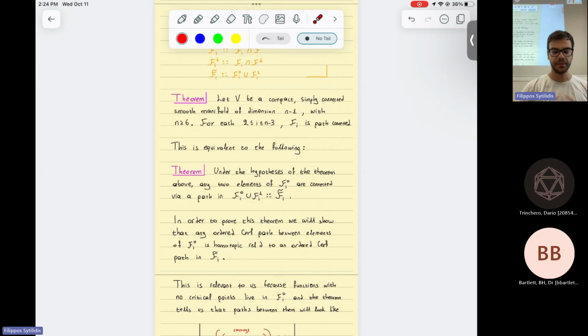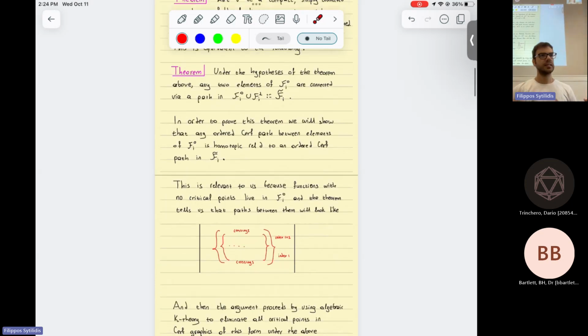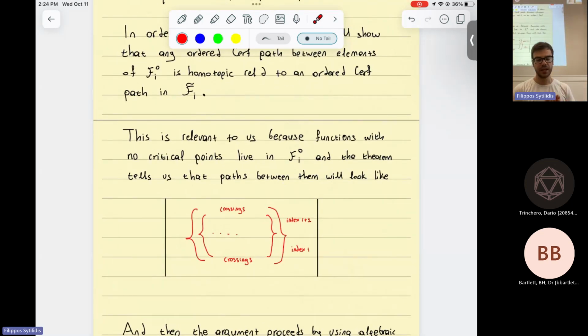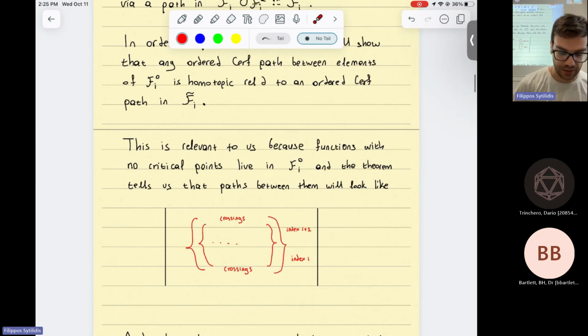So the drawing you drew was a special case of such a function. Exactly. So I'm just writing here basically an example of a Cerf path in that.